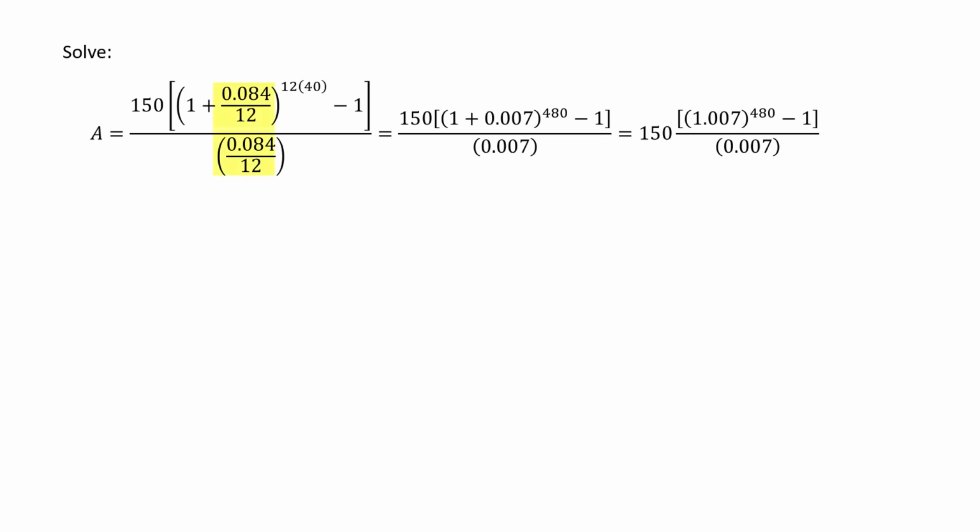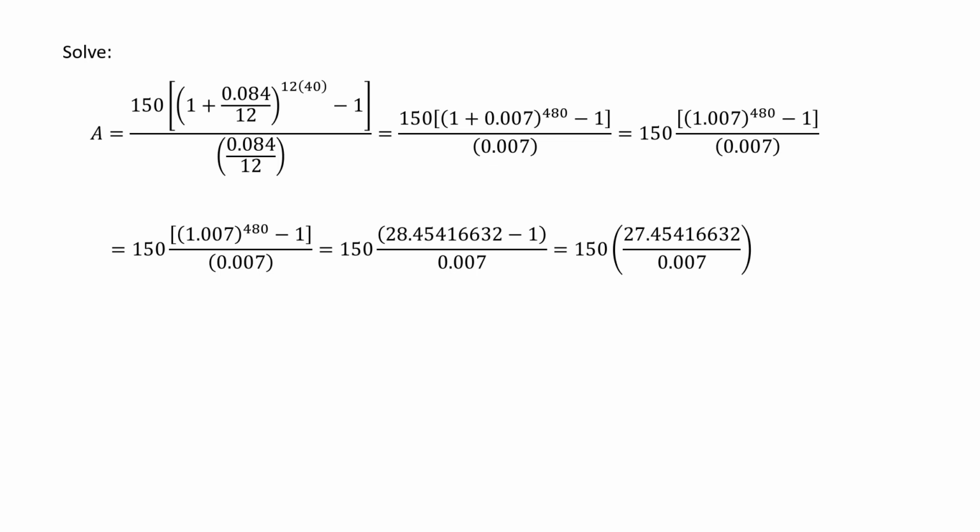So I'll do the 0.084 divided by 12 first. That result is 0.007. I will also multiply 12 times 40, which gives me 480. Add the 1 with the 0.007. So now you have 1.007 raised to 480.